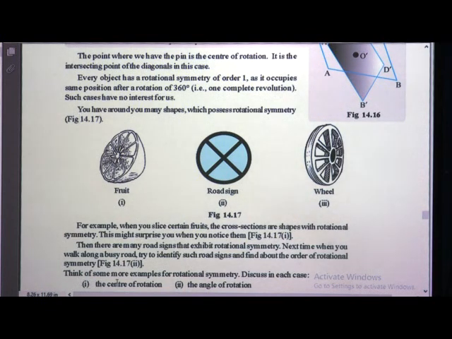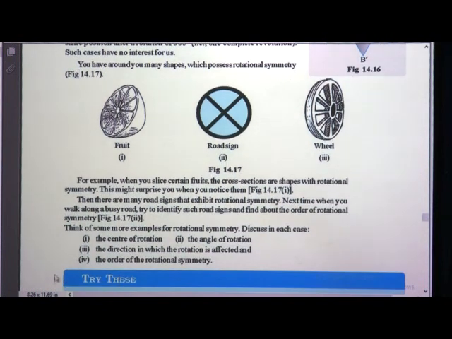Think of some more examples of rotational symmetry. Discuss the center of rotation and the angle of rotation. You can find these when you pass through a busy road, or in the cross section of a fruit like lemon or orange, even the wheel of your bicycle, car or toy car, along with the directions in which the rotation is done and the order of rotational symmetry.